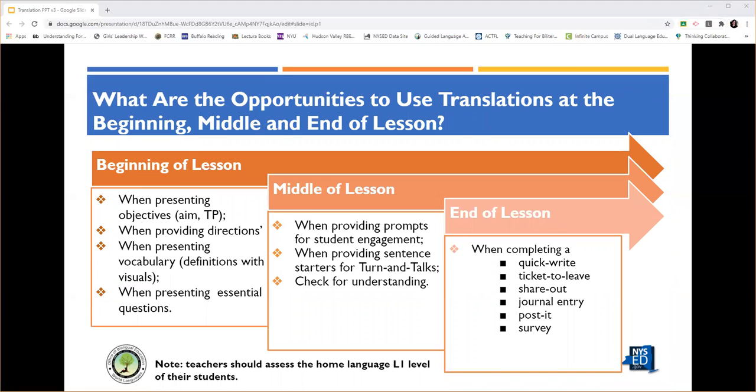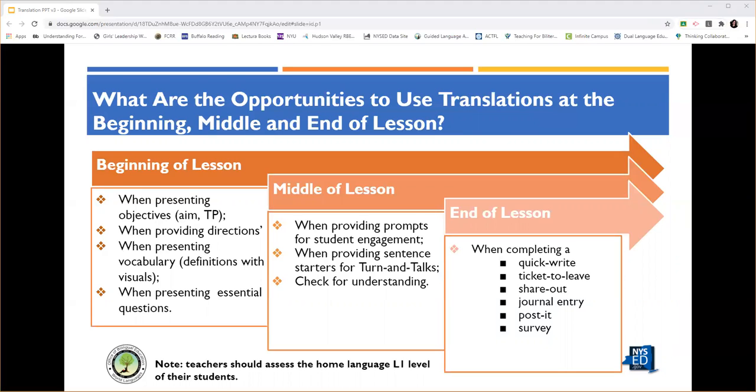Here we provide you with some instances in which you can use translations to support the learning of ELLs and MLs. They are at the beginning of your lesson. So when you are presenting your content and language objectives, when you're providing directions, when you're presenting vocabulary with definitions and visuals.